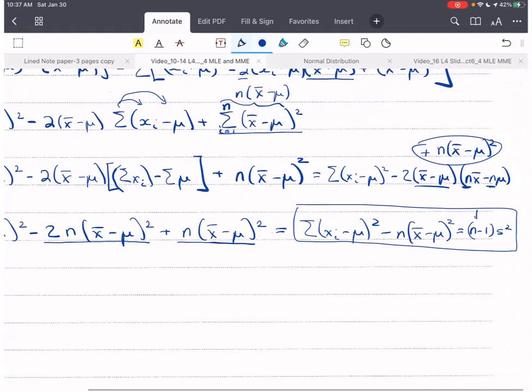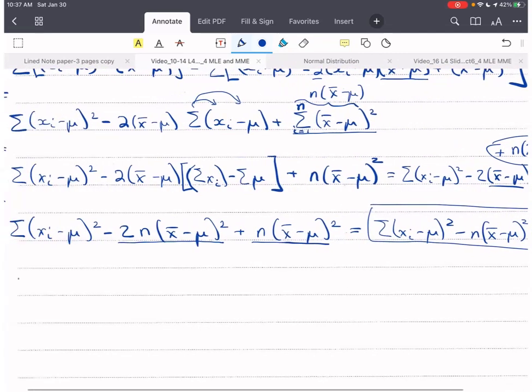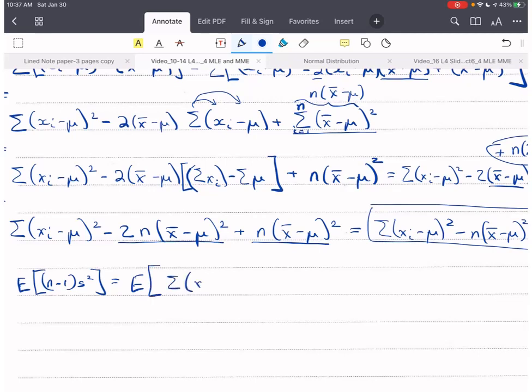I'm going to put this one first. So we're going to have E of n minus 1 times S squared is equal to E of the sum of xi minus mu quantity squared minus n x bar minus mu quantity squared. So the expectation of that.